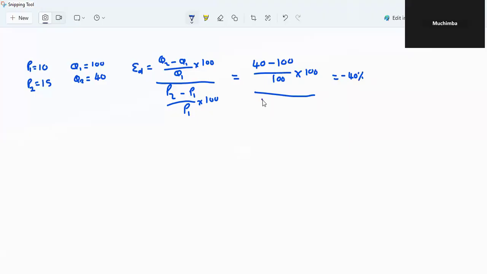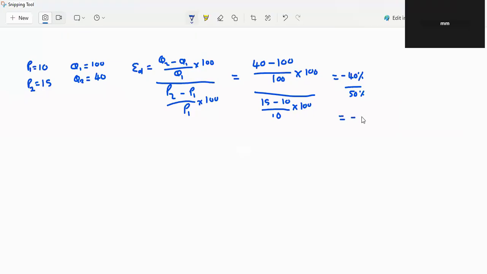P2, 15 minus 10 over 10 times 100%. What do we get here? We get 50%. So we divide -40% by 50%, and when you divide that, we're going to get negative 0.8.